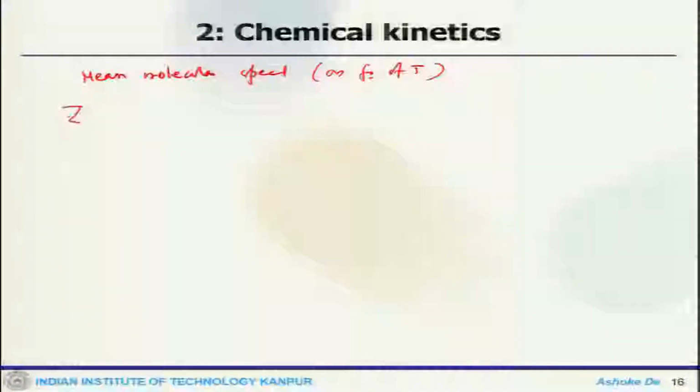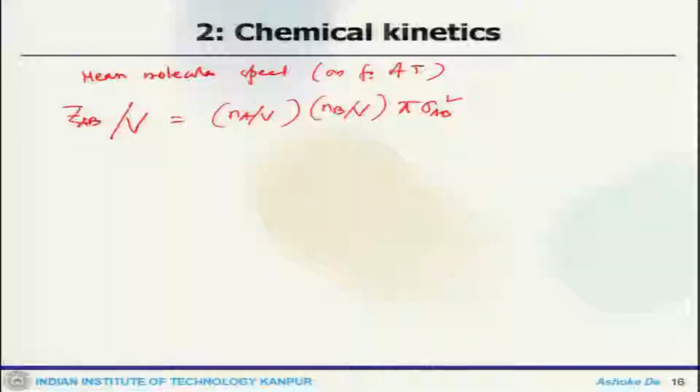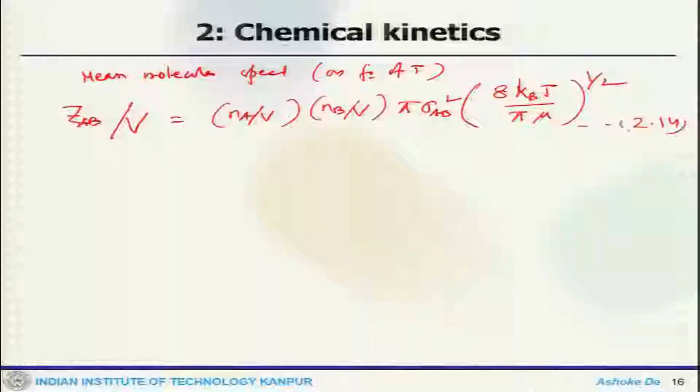So, then we can write ZAB by V is NA by V, NB by V pi sigma AB square into 8 kBT divided by pi mu to the power half. That is our 2.14, where now this is where your kinetic theory comes into the picture.